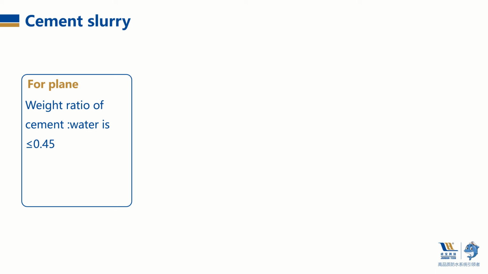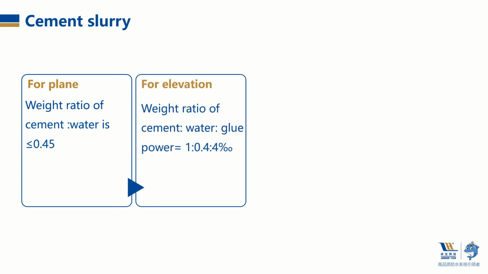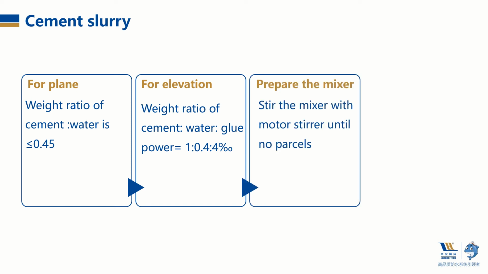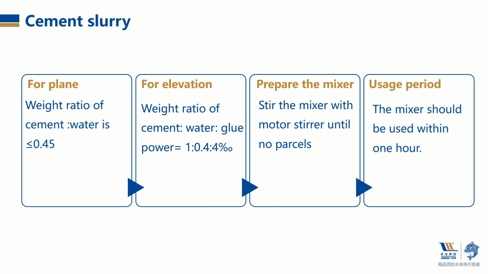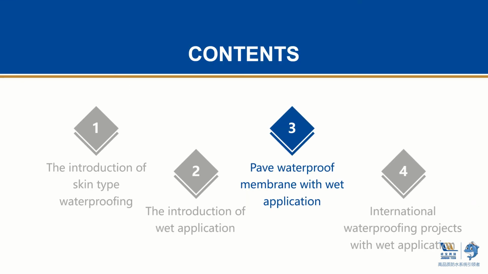For the plane, the weight ratio of cement to water is not less than 0.45, but for the elevation, we can add some glue powder, and the weight ratio of cement, water, glue powder is 1.4 and 4 per 1,000. Stir the mixture with a mixer until it is smooth, and it should be used within 1 hour.